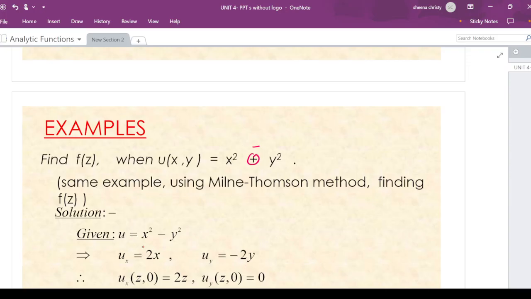Now this I can write as ux of x comma y. Likewise this I can write as uy of x comma y. So in the place of x you are going to put z, and in the place of y you are going to put 0. Put x equal to z here, you will get 2z. Put y equal to 0, you will get 0.